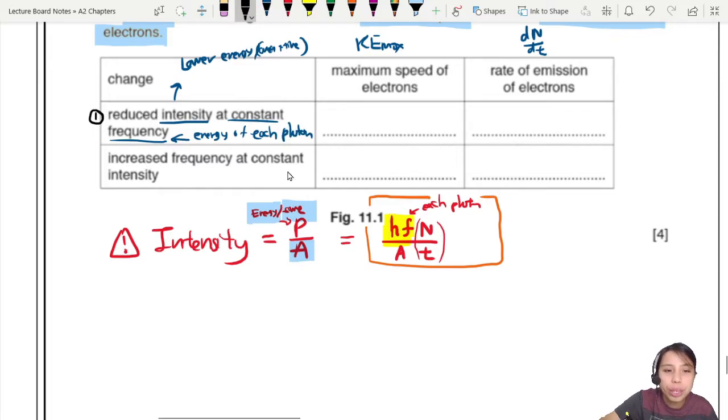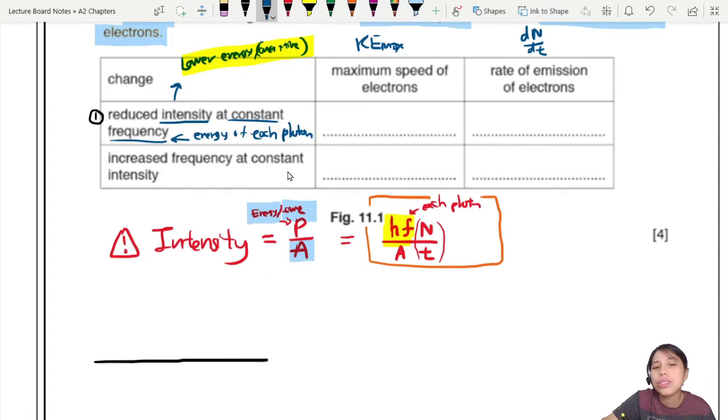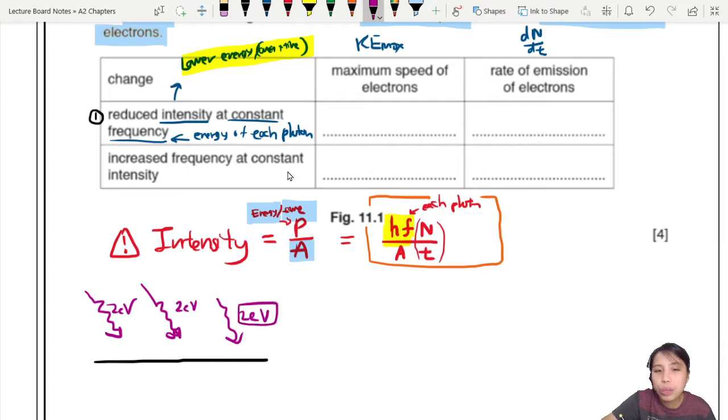So you can think of it this way. Maybe originally you have electrons inside there. Then the total energy has decreased. You have photons coming in, and each of them has the same amount of energy, so maybe 2 eV, 2 eV, 2 eV, another one comes in. These are fixed. They are not going to change because the frequency is fixed.